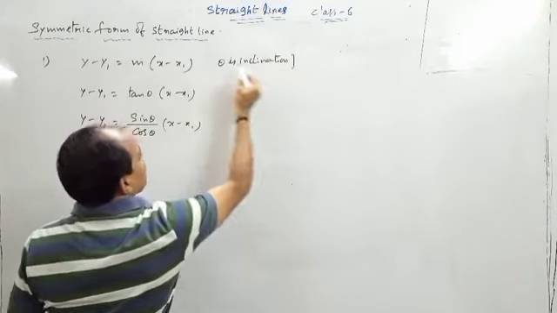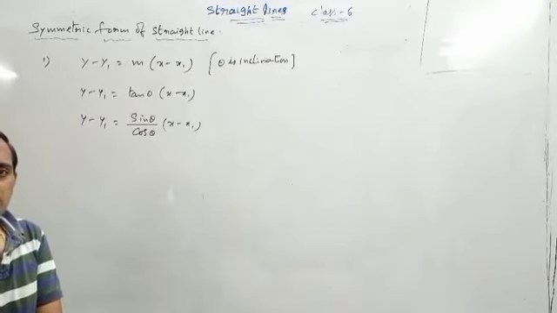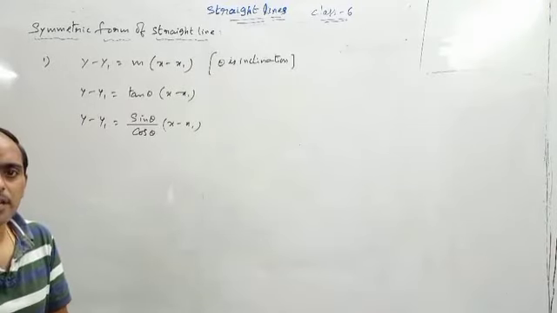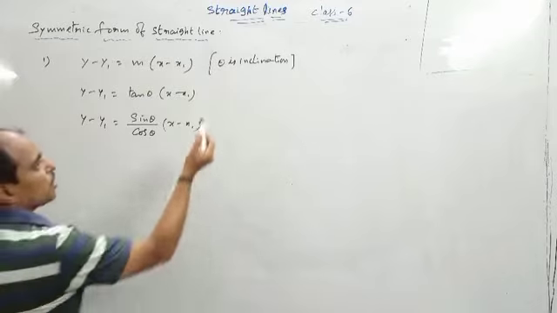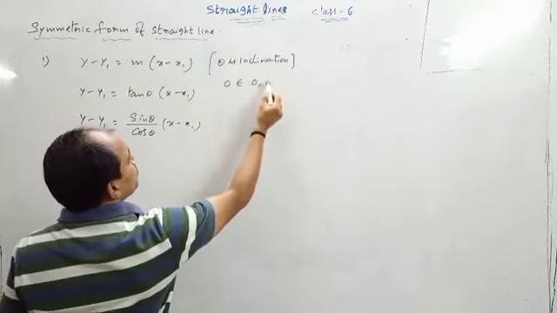If a line intersects with some angle theta in the anti-clockwise direction, that angle is said to be the inclination of the line. Now here theta belongs to 0 to pi.